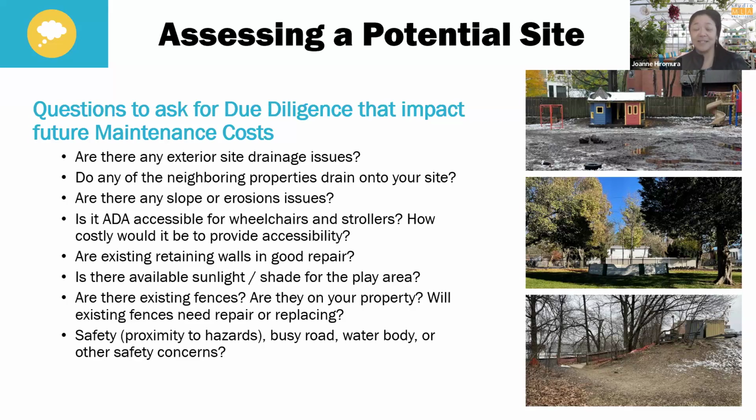Check existing gutters and downspouts, see where they drain to. Are they draining properly off your site, away from the building? You might want to check this out on a rainy day. See, where is the water going? Are there puddles? Are there any obvious drainage problems?